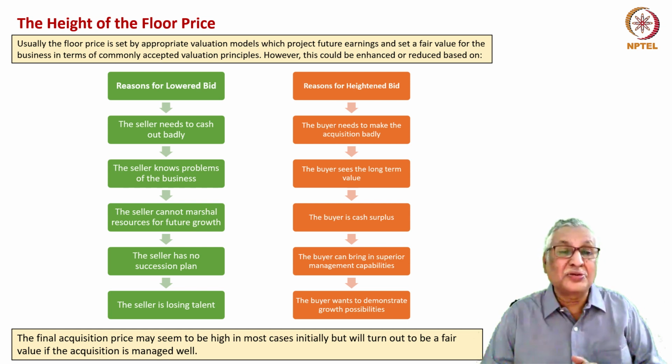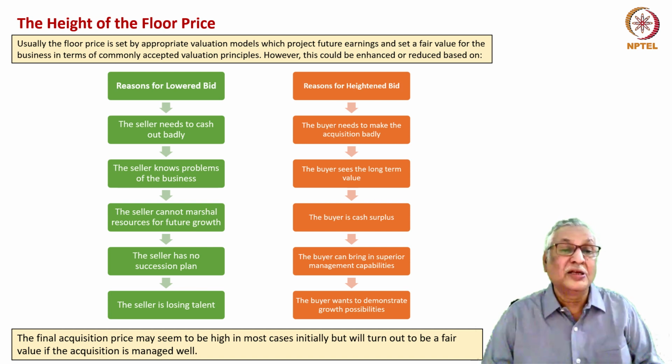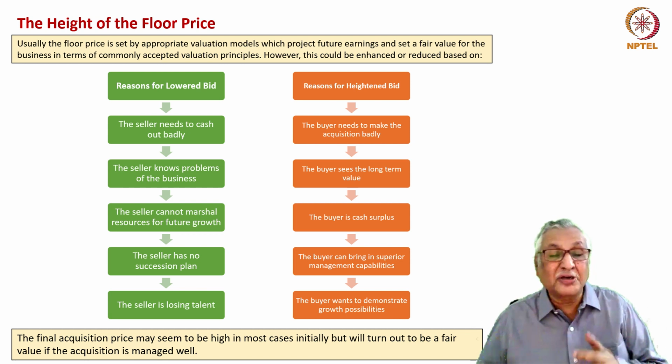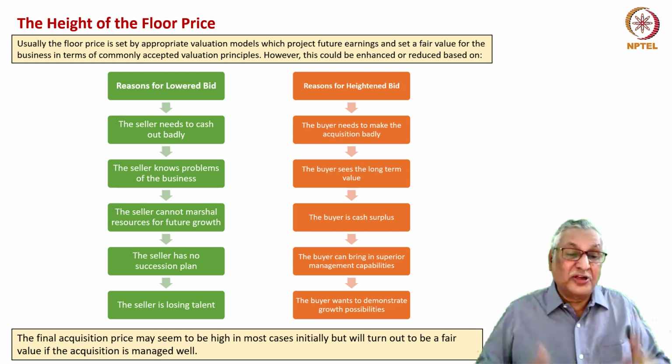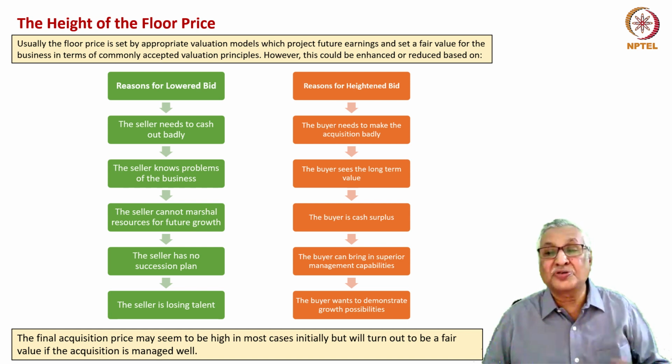The need for the banks to cash out or reduce their cash burn quickly, the buyers not knowing all the problems of the new business that they are acquiring, the inability of the resolution professional to run the business beyond a particular point of time, the dead end that is faced by a company under the IBC process, and the risk of losing further talent and making the company more down under, are the reasons for the lower bid in the IBC process.